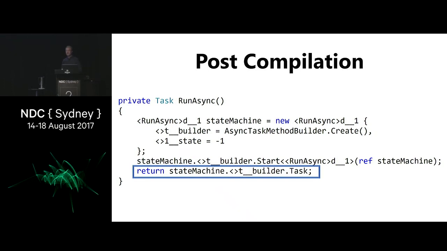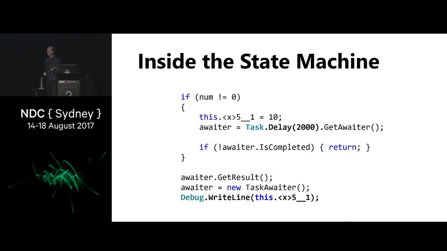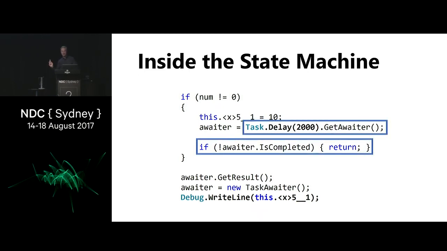On the line above, it's doing builder.Start, which is starting and running all the code inside the state machine. So all of this code is, in fact, running on our UI thread, if we're running this in WPF. All right? So keep that in mind when we're looking at deadlocks, because this is where a lot of people seem to be deadlocking, at least once or twice. Third time, well, you probably shouldn't be a developer. I'm joking.